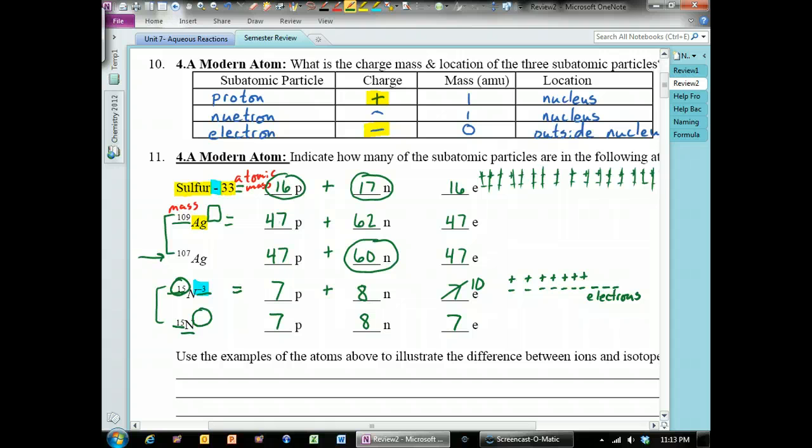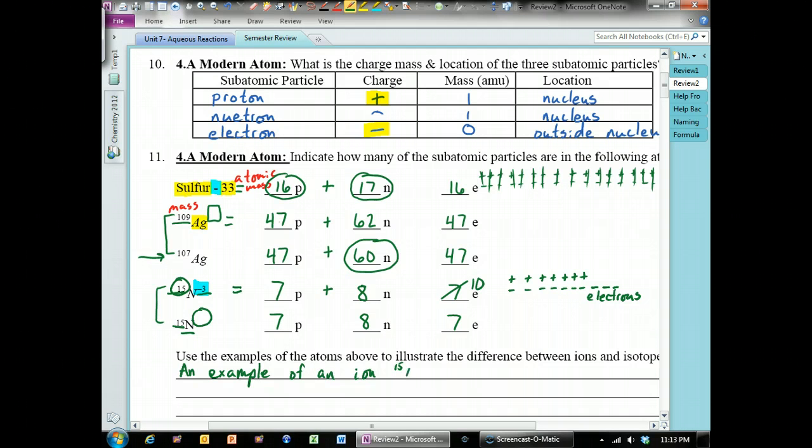Now, the question down below says, use the examples of the atoms above to illustrate the difference between ions and isotopes. An example of an ion, there is only one example out of the 4, and it's the N-3.